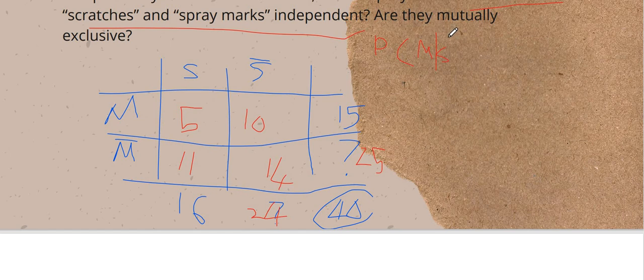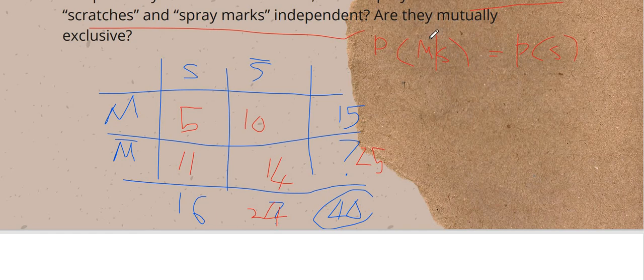If it's independent, this must be equal to P(S). In other words, the probability of M given S must be equal to P(S). Or if you want to solve P(S given M), it must be equal to P(M). Okay, either one lah. Maksudnya both also can.